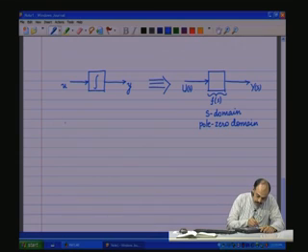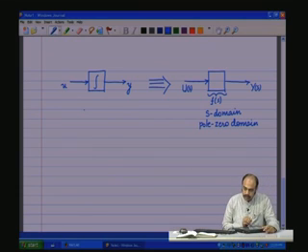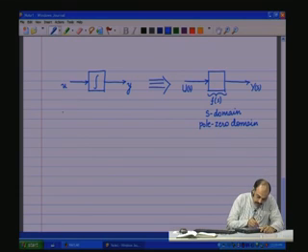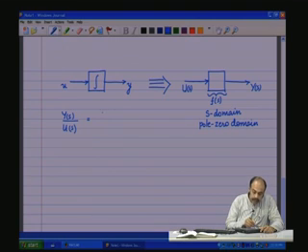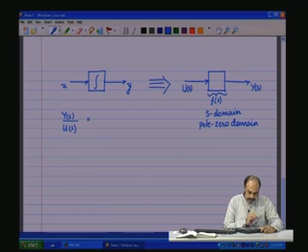So, now we would like to see what Y(s) by U(s) is equal to. This will give the input-output relationship in the S domain.